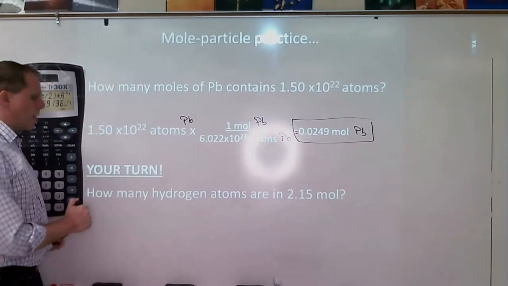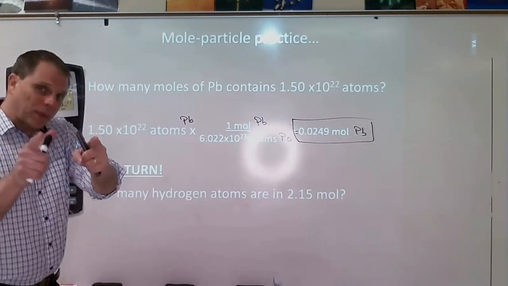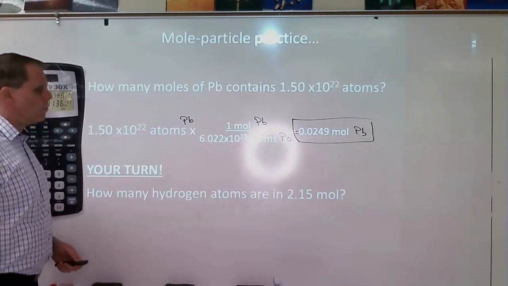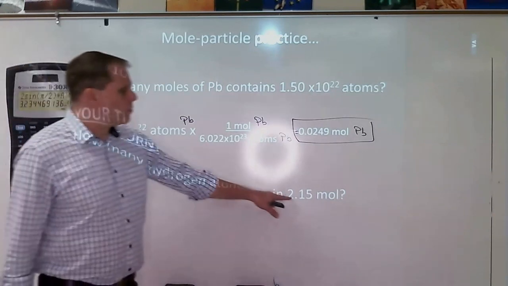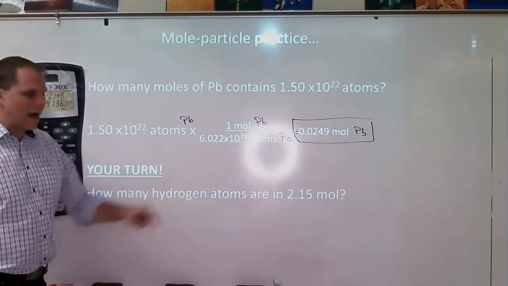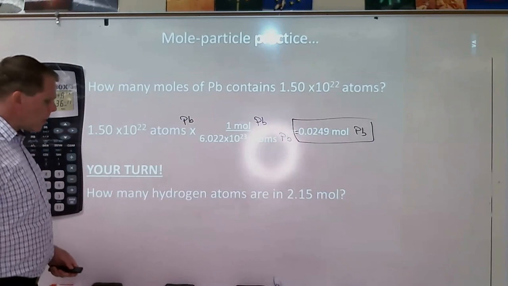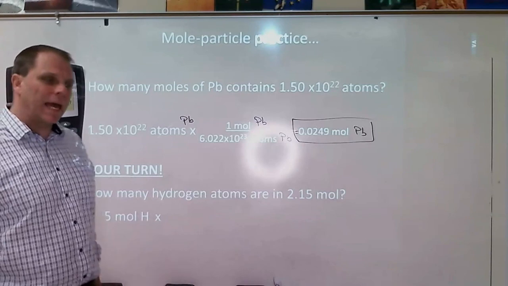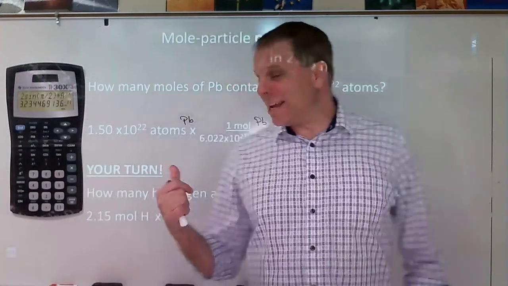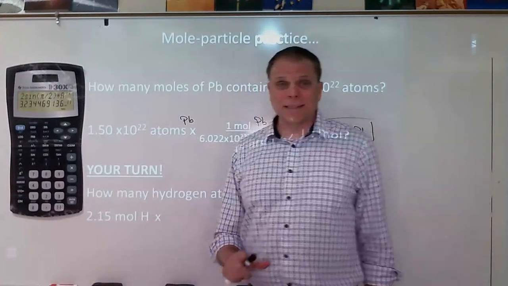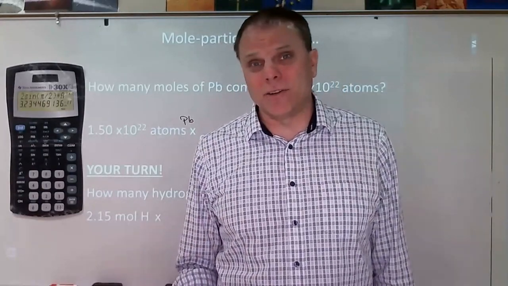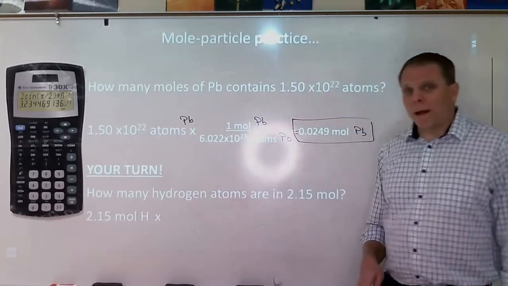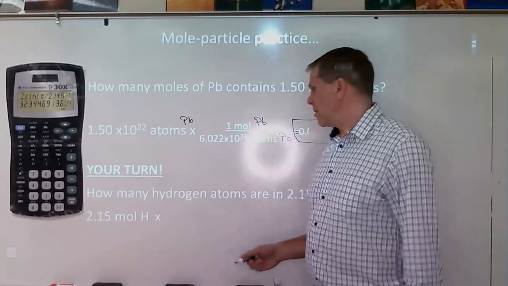Now I want you guys to try that. Why don't you hit pause, and now you're back and you're ready to try this one. 2.15 moles. Well, now we're going from moles to particles. How many hydrogen atoms are there? Let's start with our 2.15 moles of H. This time you'll notice that there's an H there. That's good, because there's another way of talking about hydrogen. This is why it's important to show these units, because hydrogen atoms all by themselves don't even really exist in nature.